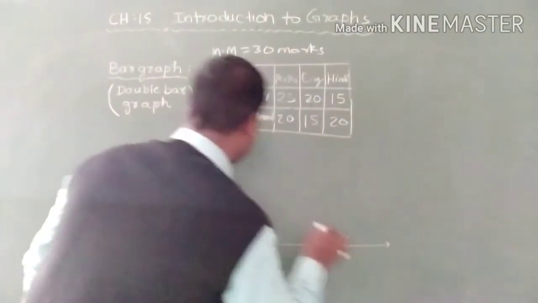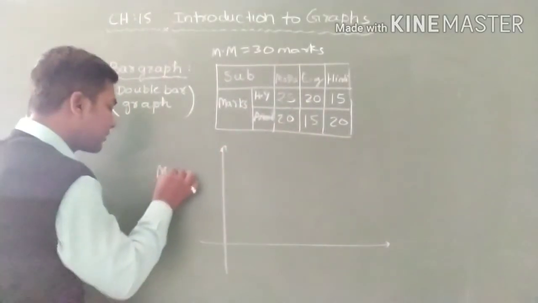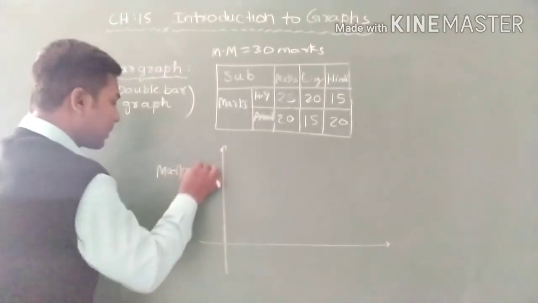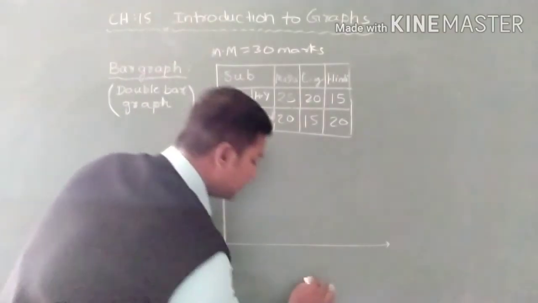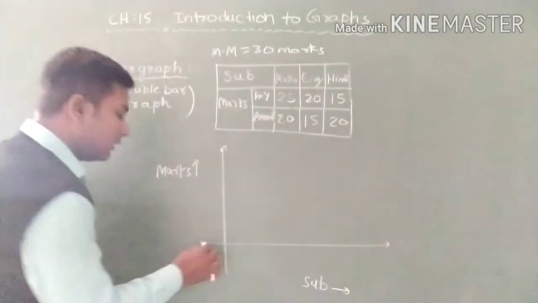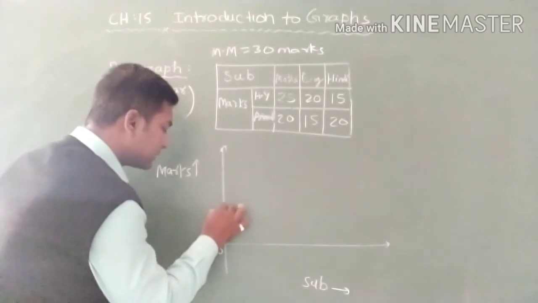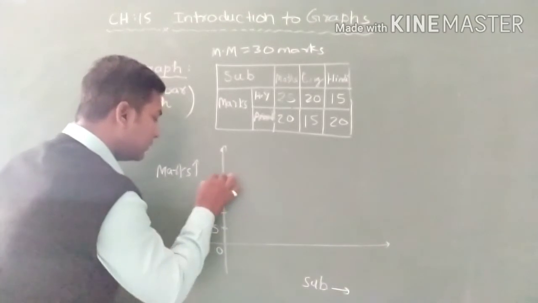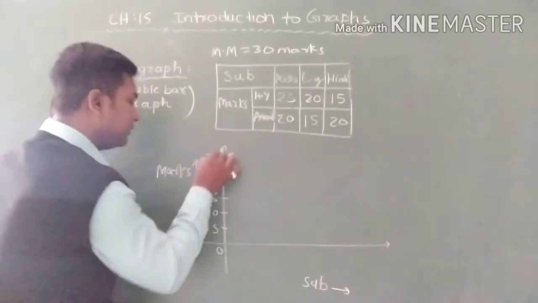Simply, let's suppose this is the y-axis, where we draw marks, and on the x-axis subjects. First, mark 0, 5, 10, 15, 20, 25 and 30 marks.